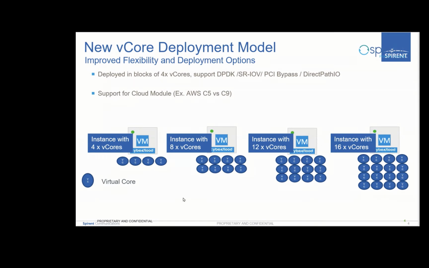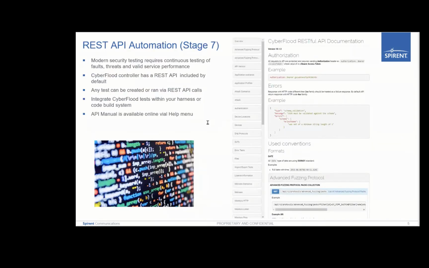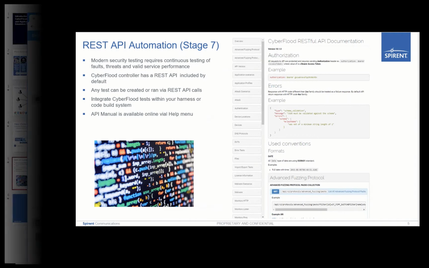We also support this expansion in cloud modules, such as AWS C5 and C9 type of modules. And finally, like I said, everything is REST drivable, right? So this is pretty agnostic in terms of being able to control. And in fact, the UI that I'm going to show you now has a built-in REST generator so that you can actually test things out.